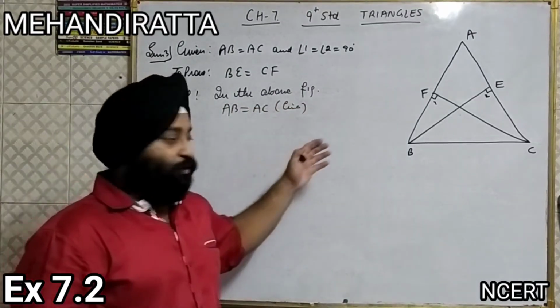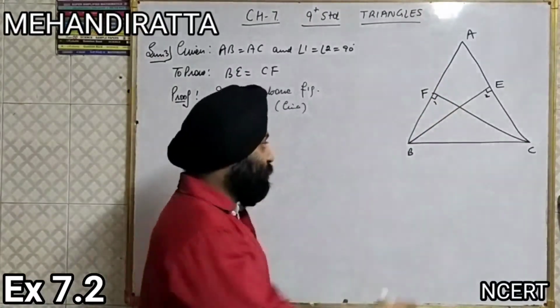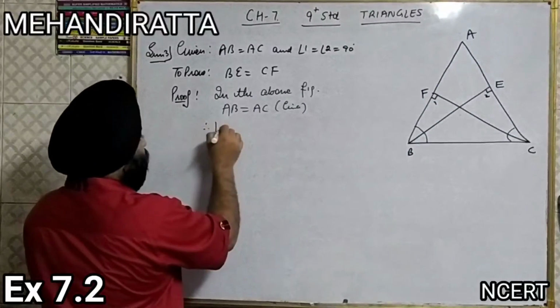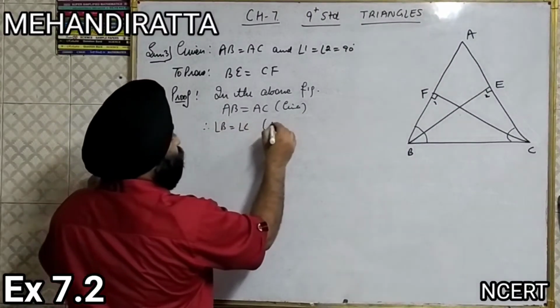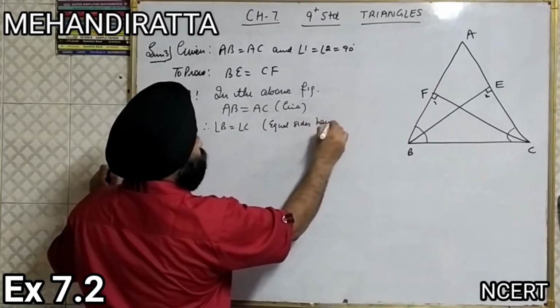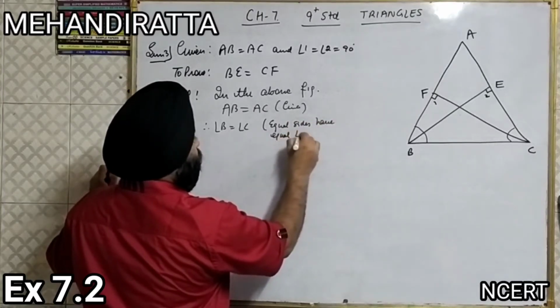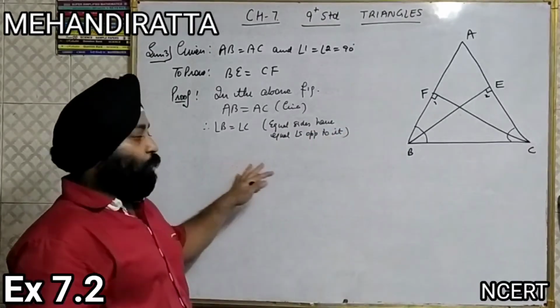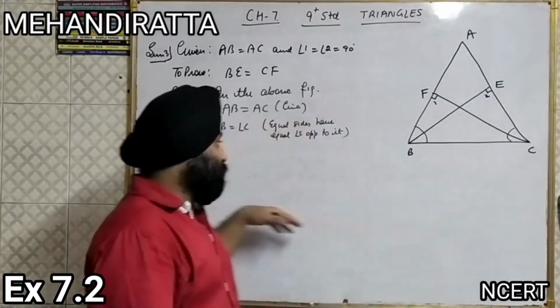So students, if AB equals AC, we can say that angle B equals angle C, since equal sides have equal angles opposite to them. Now we have angle B equals angle C.